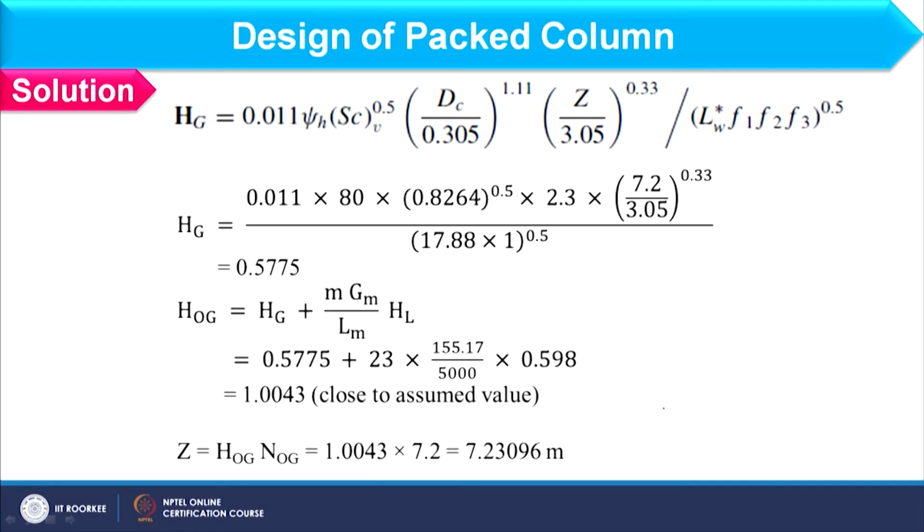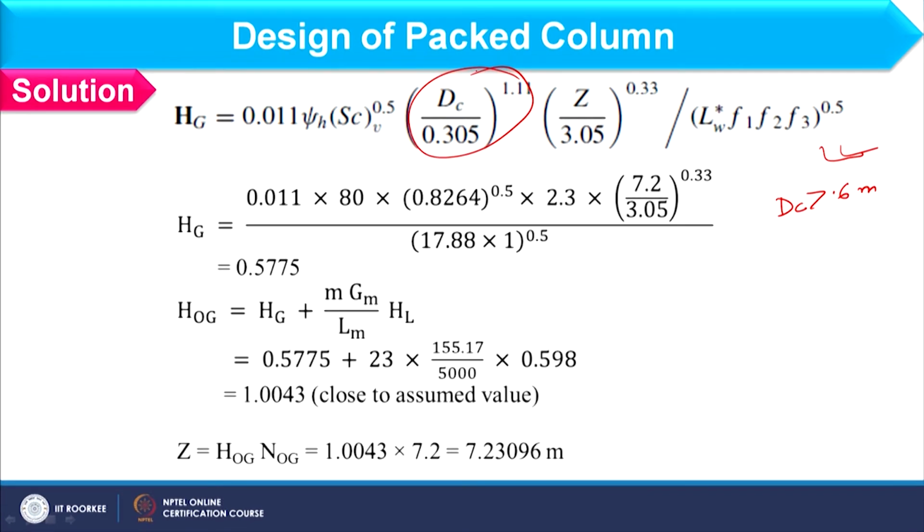And next we have to find the Hg value. This is the expression of Hg, where I have to see the DC expression first, because in this example the diameter is more than 0.6 meter.